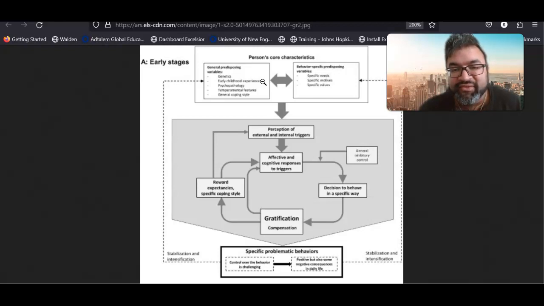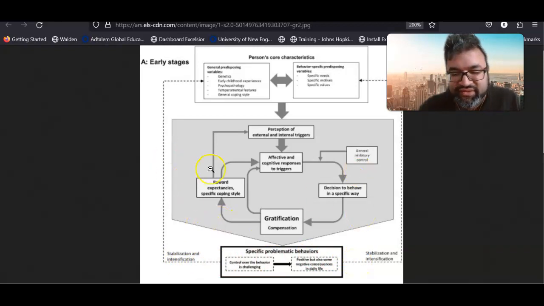Now, behavioral specific predisposing variables, they may be specific motives, specific values, specific needs. So control over the behavior is challenging, positive, but also same negative consequences in daily life. And as you go over to the edge, stabilization and intensification increases.